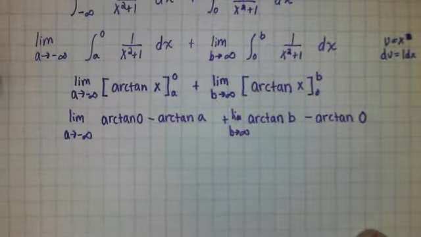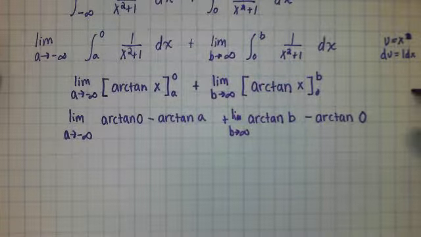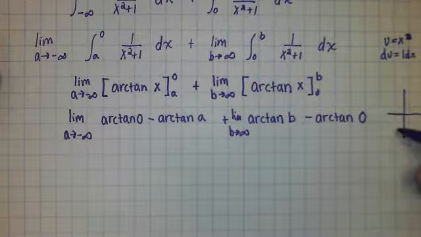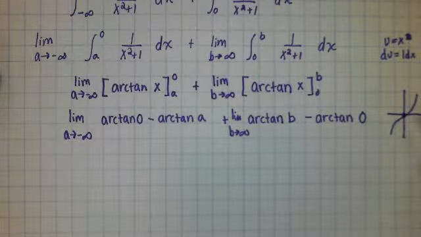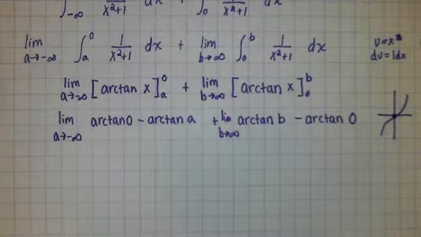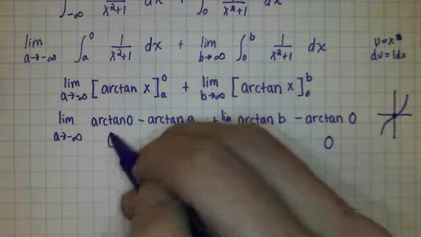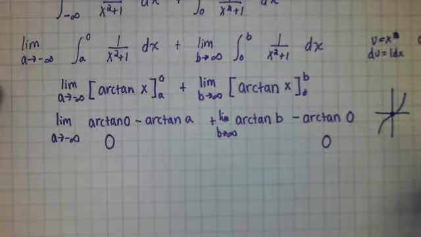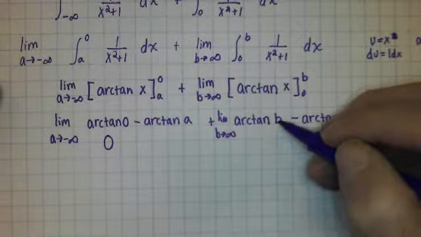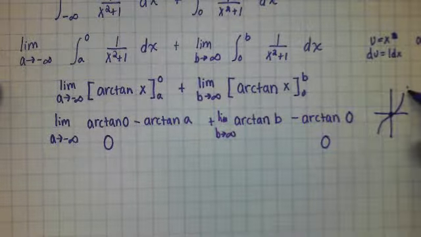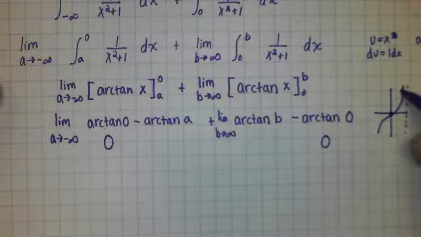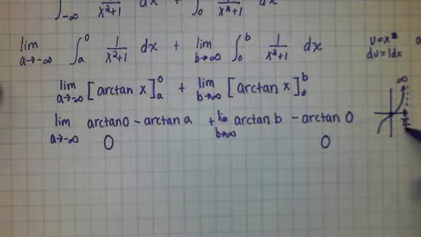Now, thankfully the arctan of 0 is pretty easy to remember because we know that the tangent of 0 is 0, so the arctan of 0 will also be 0. Those are pretty easy to do. Now, keep in mind when you stick a positive infinity in here for b, that tangent goes up to positive infinity at the angle of pi over 2.